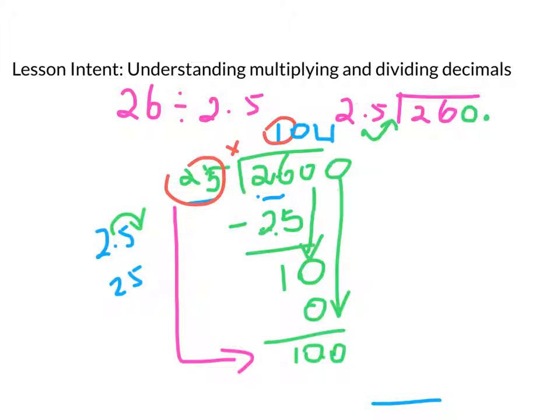This answer here, we have to put back the decimal point. So here the decimal point starts here, and we basically have to move it here. So this answer here of 10.4 is the answer to this problem, 26 divided by 2.5.